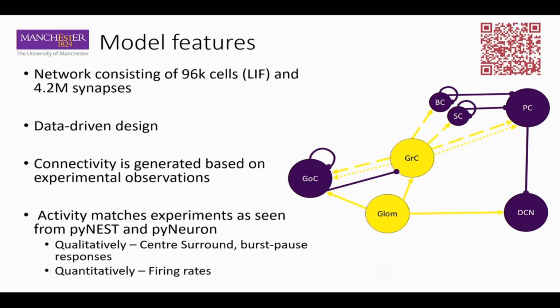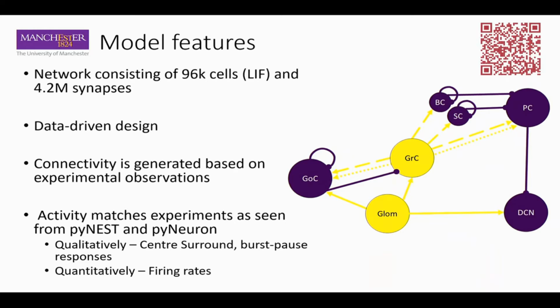I mean, you've heard these before, but it's a data-driven design of the network with connectivity generated based on experimental observation and constraints, with activity that matches experiments seen from PyNest and PyNeuron, both qualitatively and quantitatively, which is a problem for us. It would seem that SpiNNaker doesn't really like biology as much, but I'm sure we can make it work.